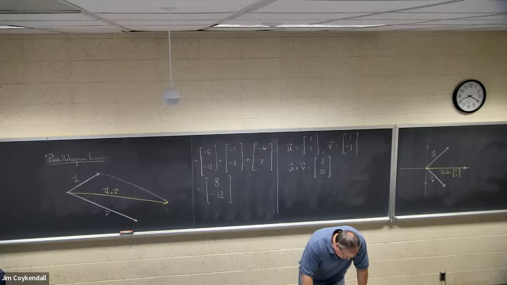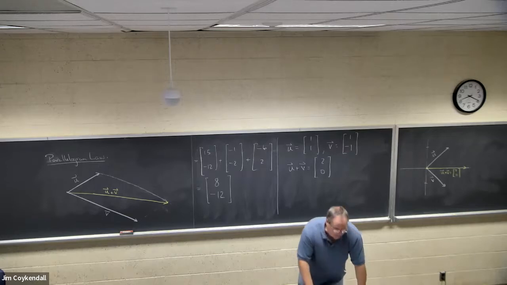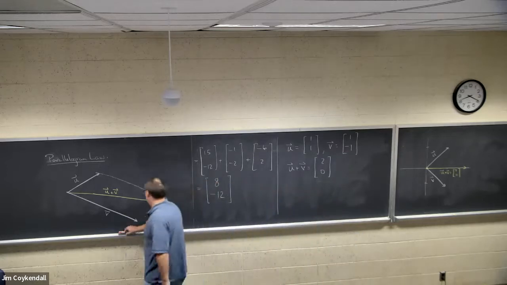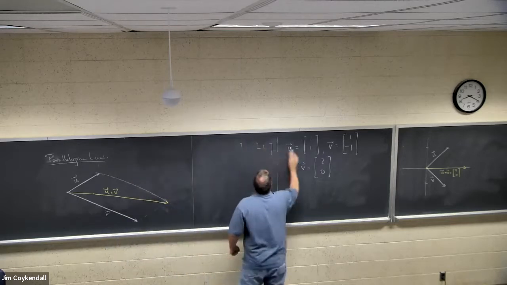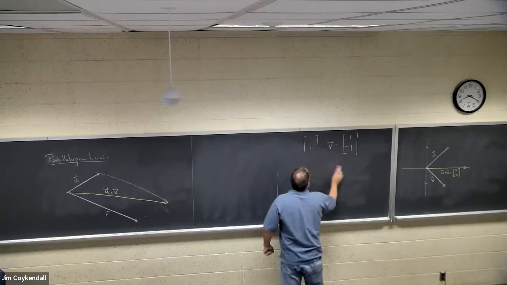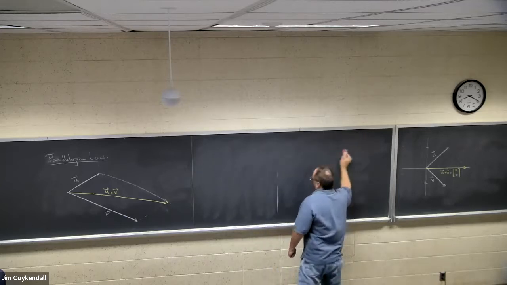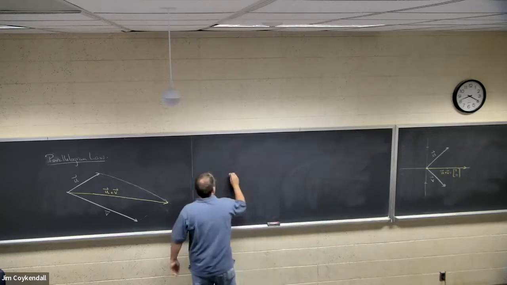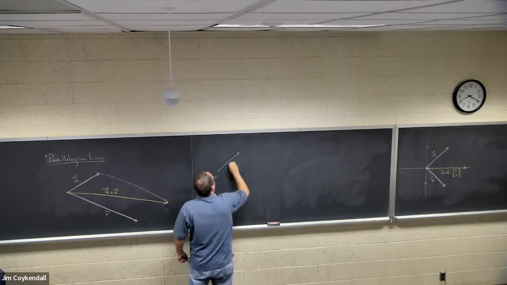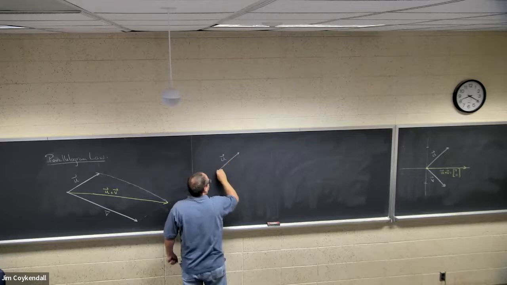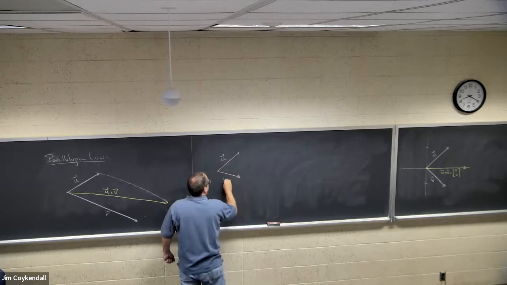By the way, let me ask you this while we're thinking about the parallelogram law. Can somebody describe this process? What if I have these vectors here? What if I have U and V?